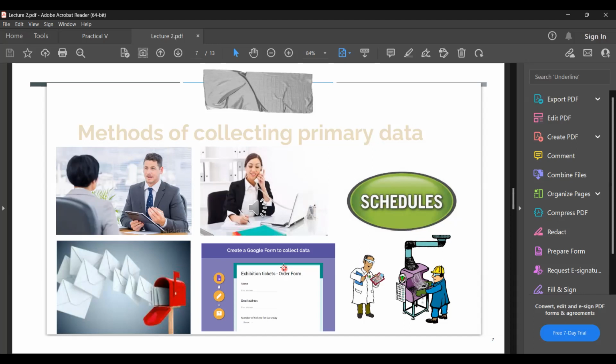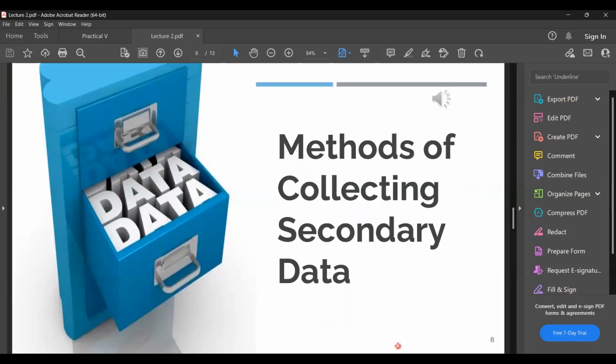However, sometimes the response rate might be low, because sometimes people may refuse to fill your Google form, right? So therefore, you have to be careful about the response rate when you are collecting primary data. Also, you can use direct personal observation. By observing the behavior, you can collect data, right?